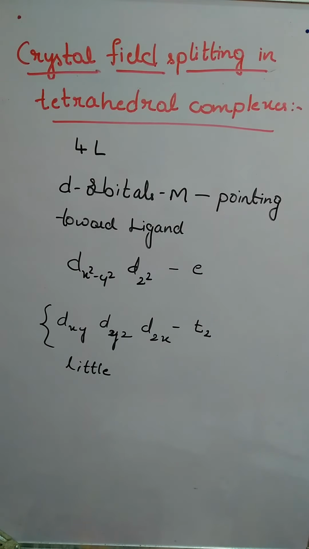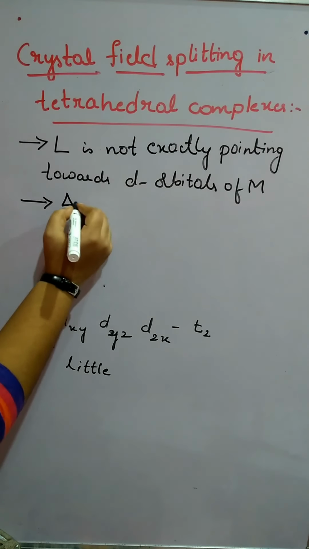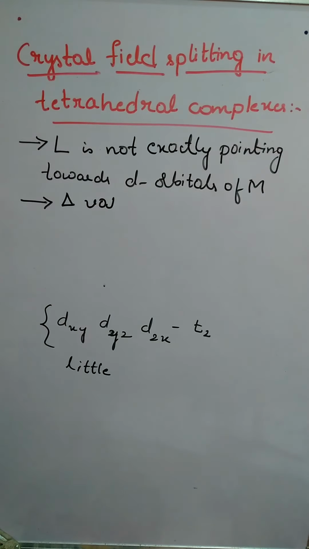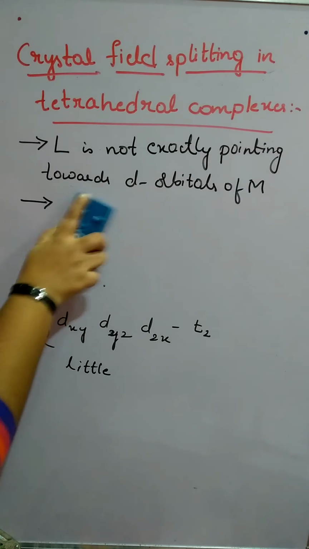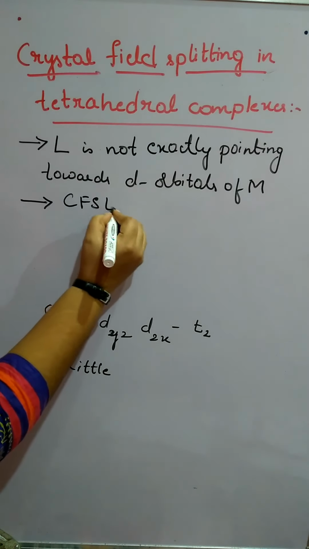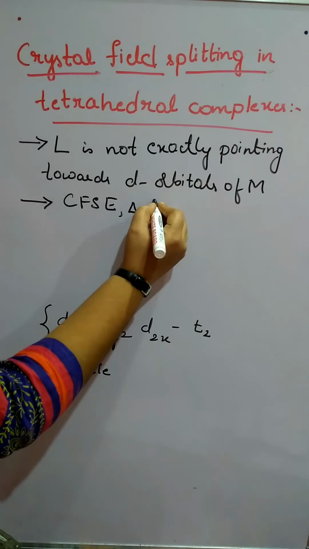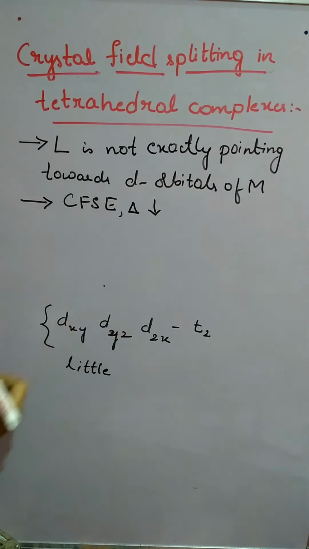If it is not exactly pointing towards d orbitals of metal, then the delta value decreases. Delta value is nothing but the crystal field splitting energy, or crystal field stabilization energy.